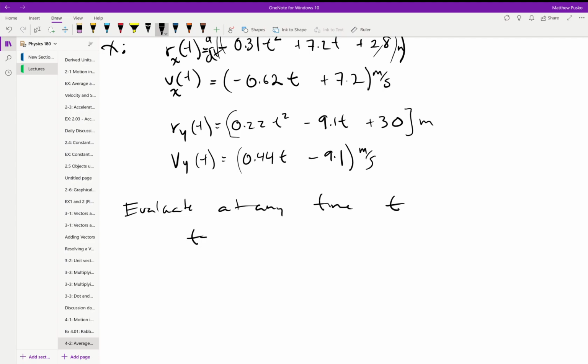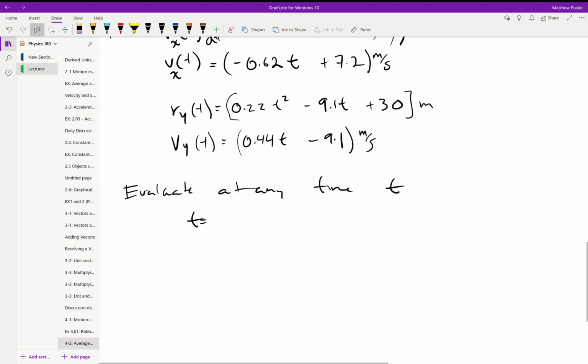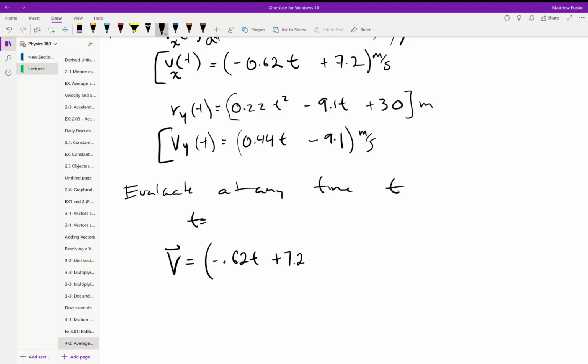So they want, let's see, 15 again. It'd be smart to take this and make a velocity vector from it, where the x component would be this whole negative 0.62 t plus 7.2. That's all in the i direction.